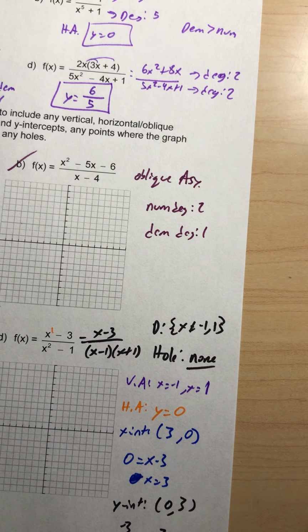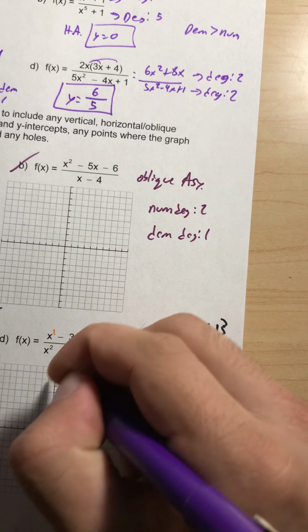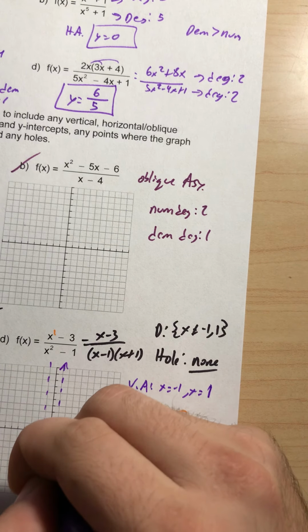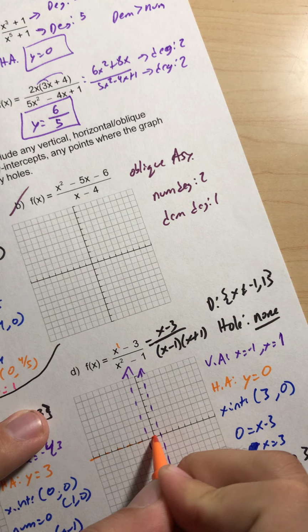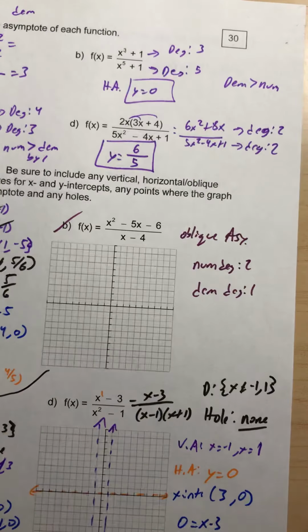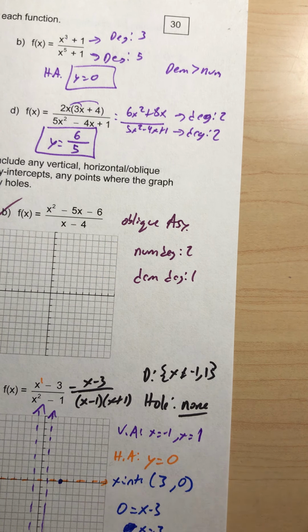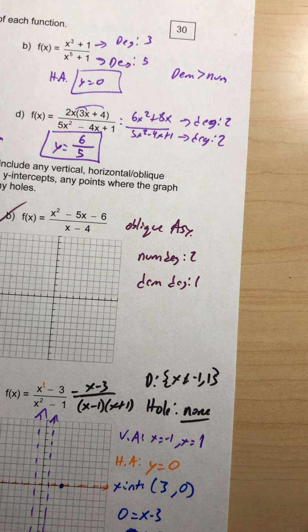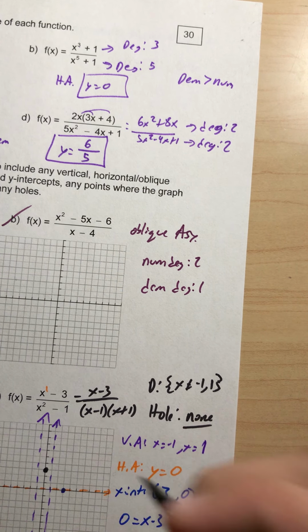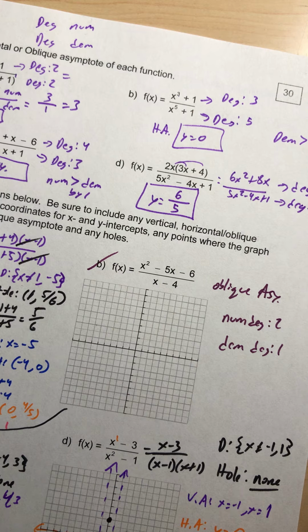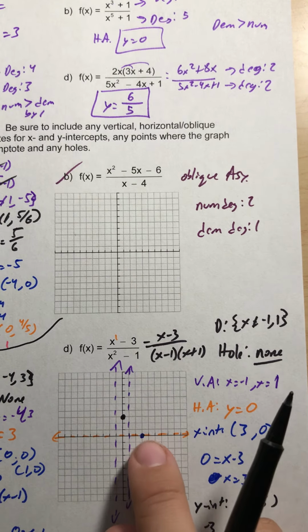So to plot these now, the only spot I'm going to cross my horizontal asymptote is right here.